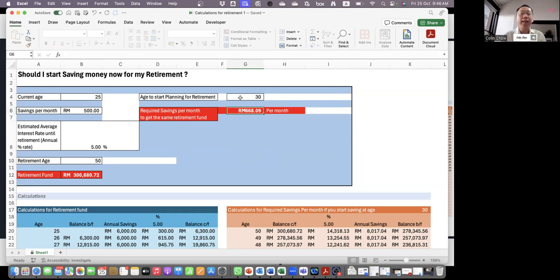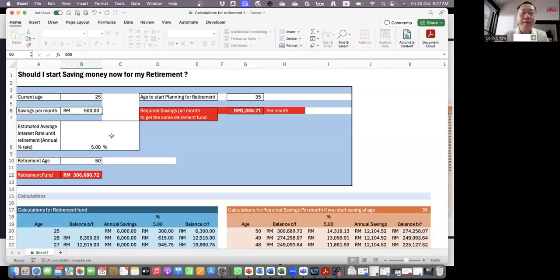This is here in the red column. But if he were to delay by another 5 years, then he will need to save 1,000 ringgit a month in order to get the same amount of money that he would have if he had started at age 25.